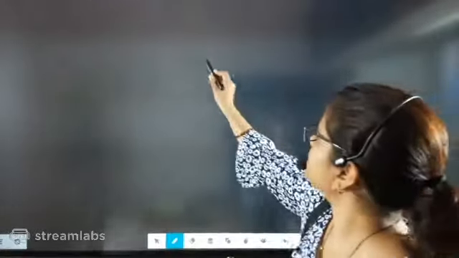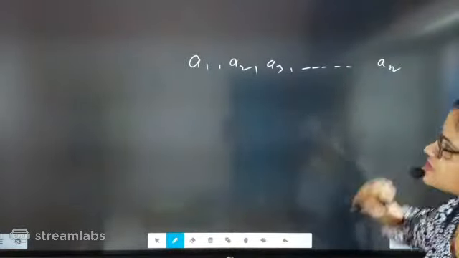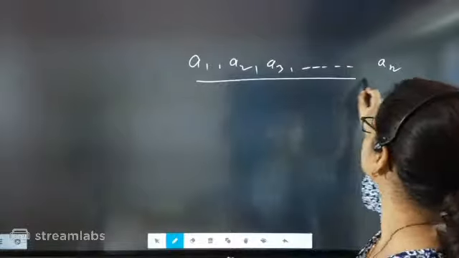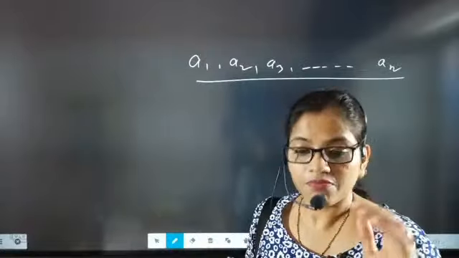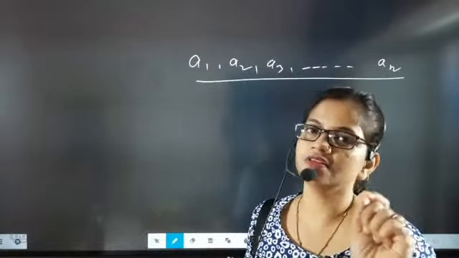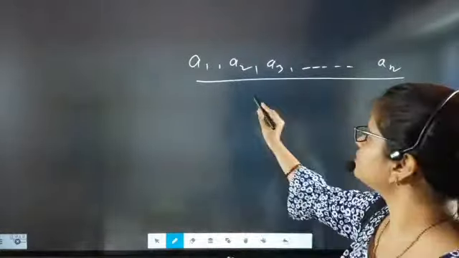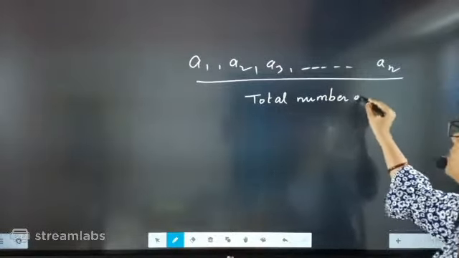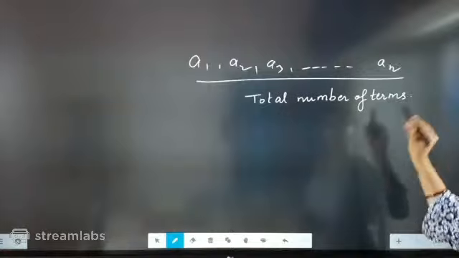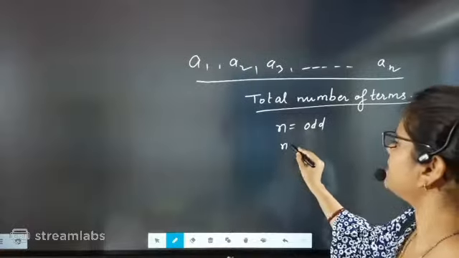But first we need to see something: when a sequence is given to you, you don't know whether the number of terms in the sequence is odd or even. The total number of terms is exactly n. n is odd or n is even.